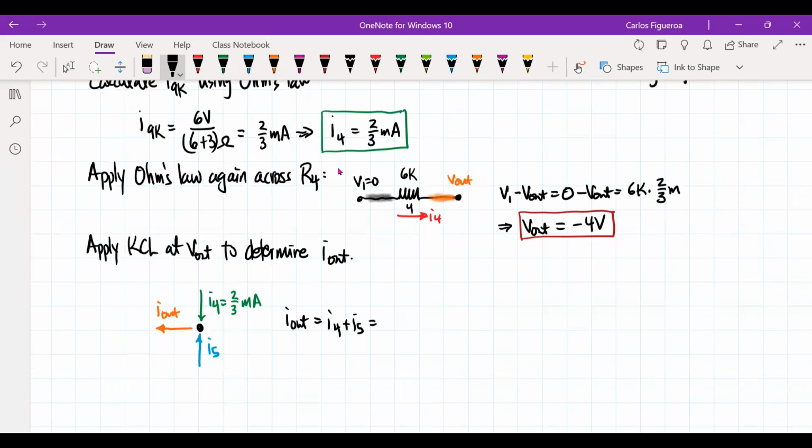I know that this is 2/3 milliamp. And then this one is coming from the ground, so it's got to be 0 minus 4 divided by 6K, which gives me 2/3 milliamp again. So this becomes 4/3 milliamp for Iout. So I now have both the current and the voltage of the output node.